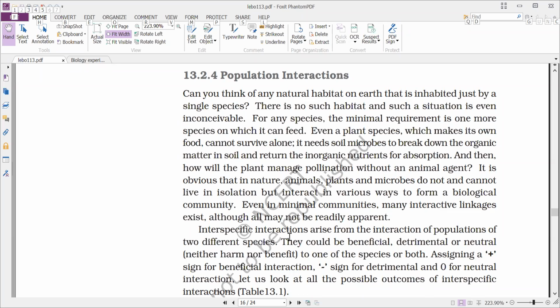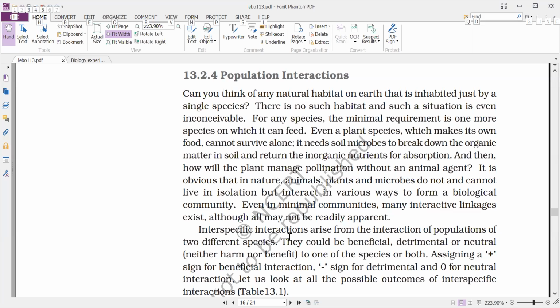So for any species, the minimal requirement is one more species on which it can feed. Every species needs to live along with at least one more species on which it can feed. Even a plant species which makes its own food cannot survive alone. It needs soil microbes to break down the organic matter in soil and return the inorganic nutrients for absorption.